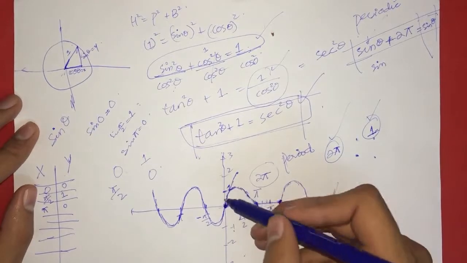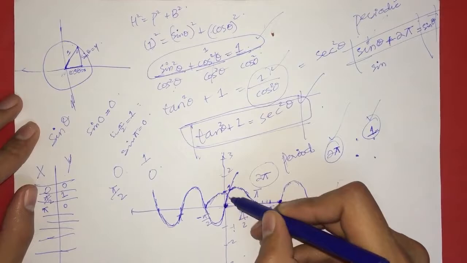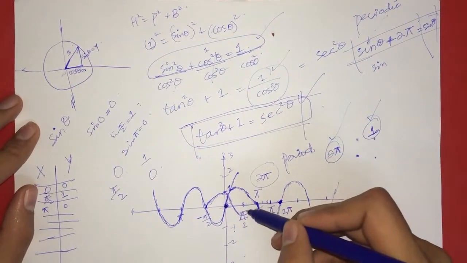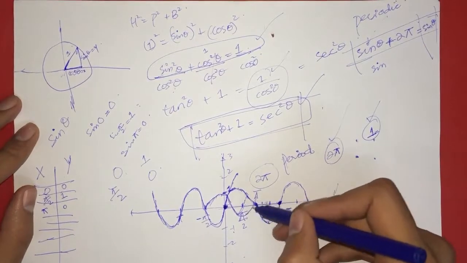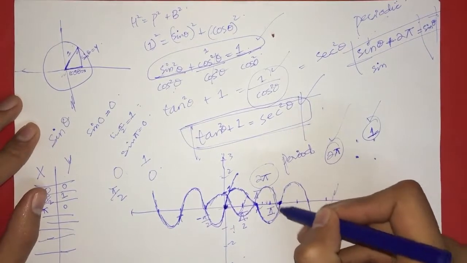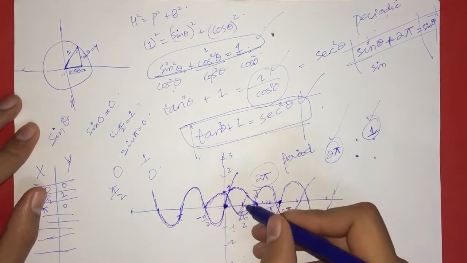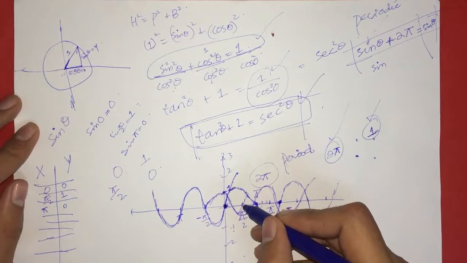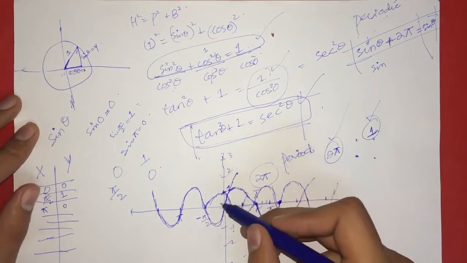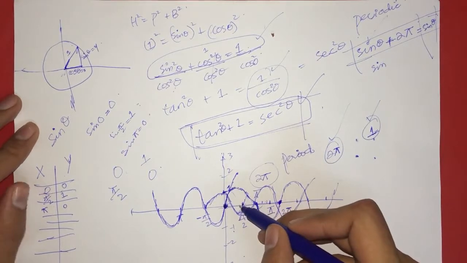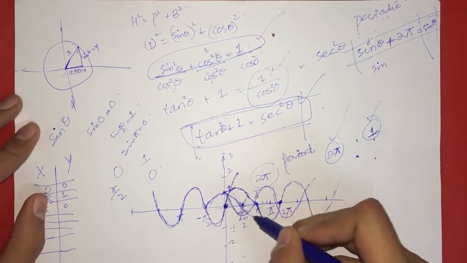So it's going to be like this, because at 0 it gives you 1, and at pi by 2 it gives you 0.